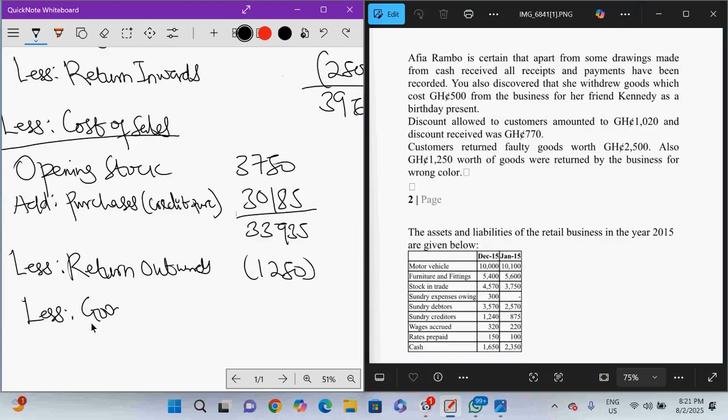Less goods drawn, right? And that is 500.